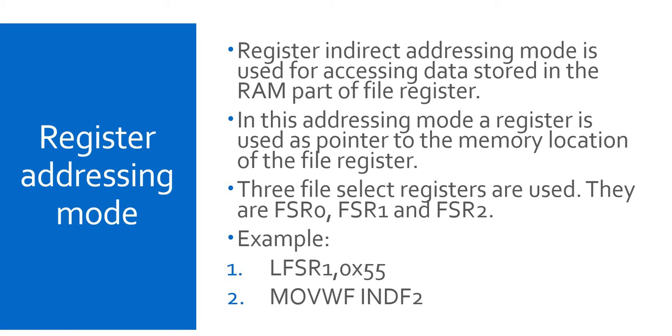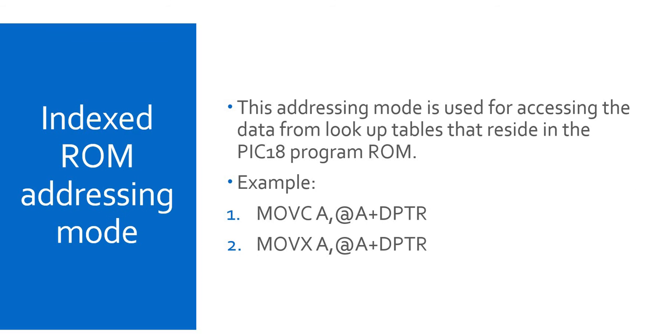You can identify that by providing the address, as in the first example, that is LFSR1 0x55, or you can provide the indirect way of addressing, that is through the indirect register of FSR2, that is INDF2.